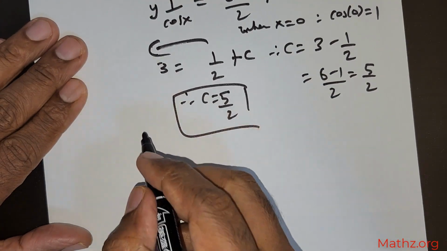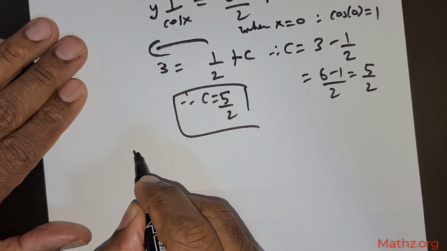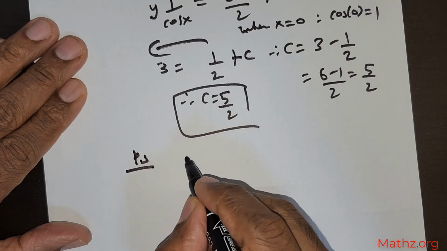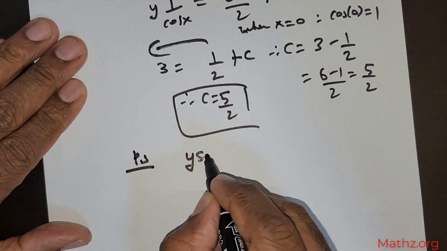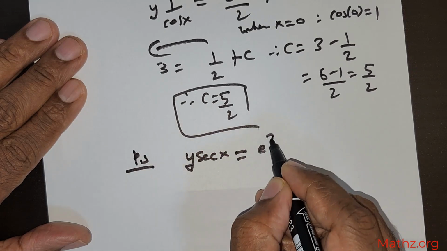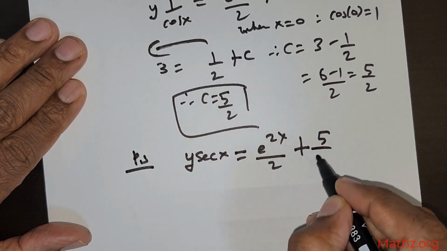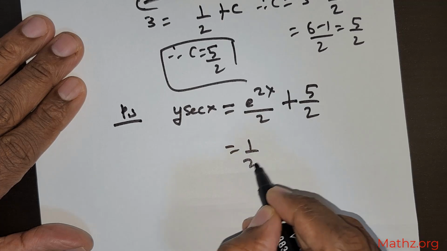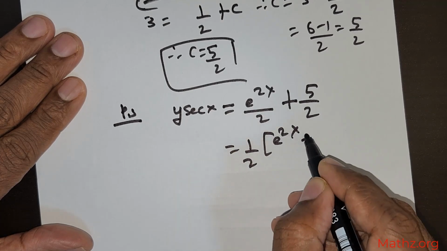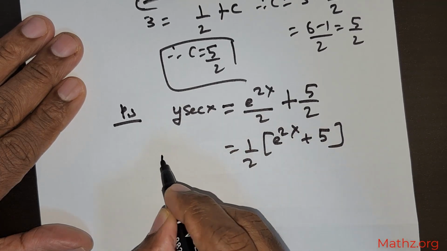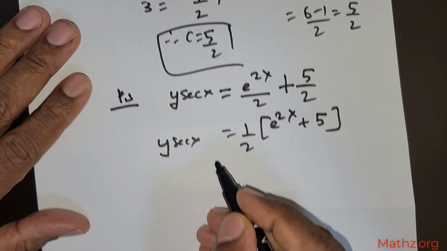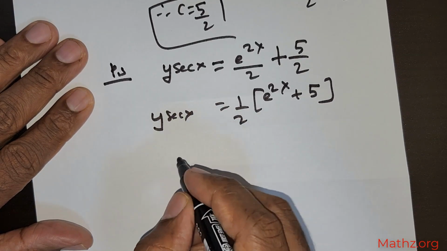So the particular solution is going to be y times secant x is equal to e raised to the power of 2x divided by 2 plus c, and c is 5 over 2. This can be rewritten as 1 over 2 times e raised to the power of 2x plus 5 is equal to y times secant x. We need to only have y.